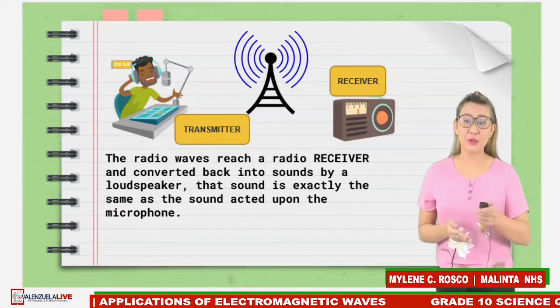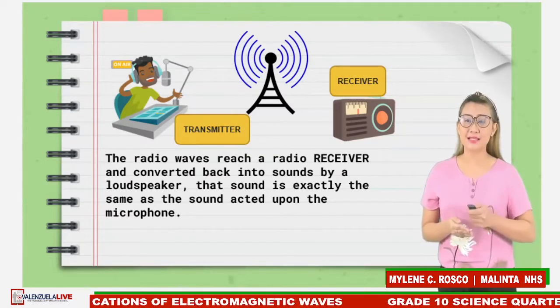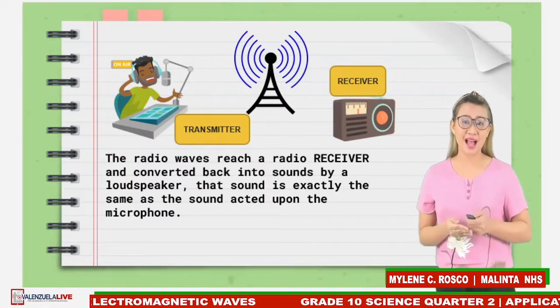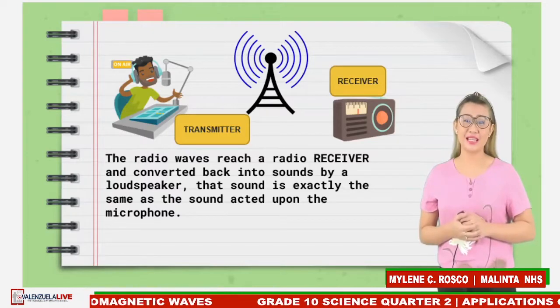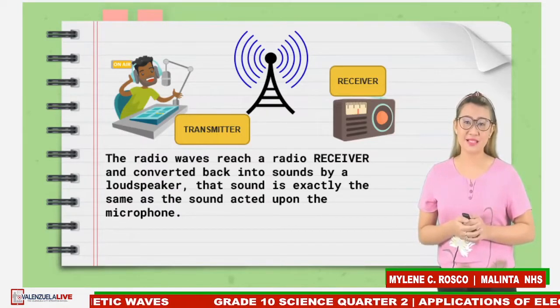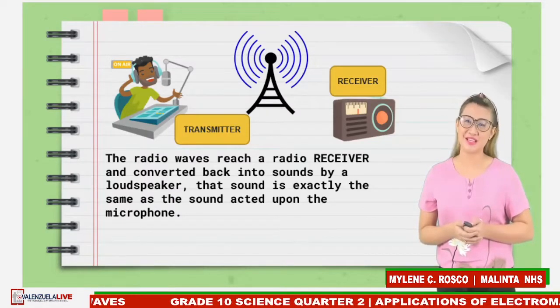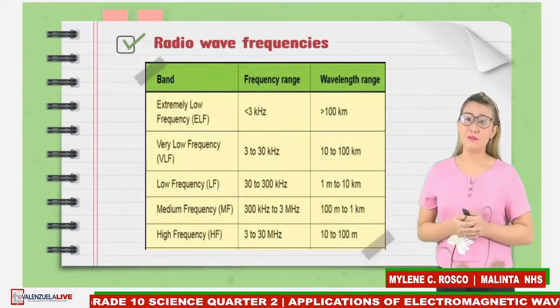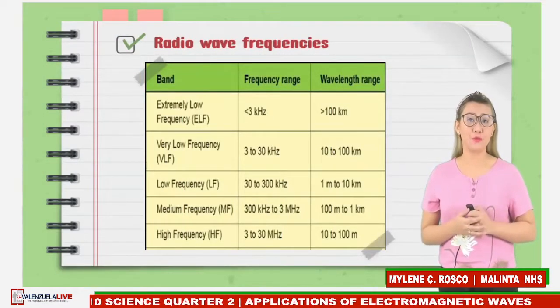That sound is exactly the same as the sound acted upon the microphone, and this is how we are able to listen to our favorite songs and our favorite radio stations. Now, radio wave has a wide range of wavelengths.